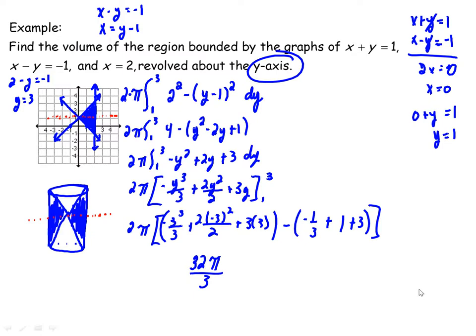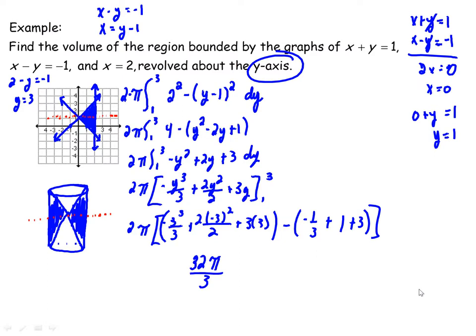You would have had to do from 0 to 3 plus that bottom boundary, from -1 to 0. Integrate both of those, add them together, and you would still come up with 32π/3.